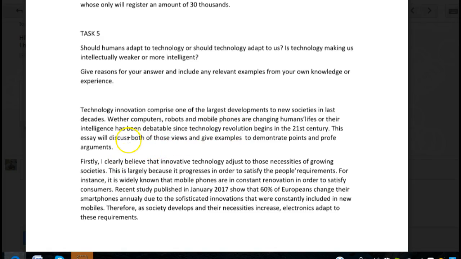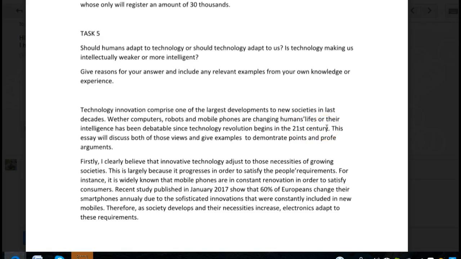Okay, the lives of humans or their intelligence. It's not really clear here, Nina, not 100%. But, okay, "has been debatable since the technological revolution began in the 21st century."